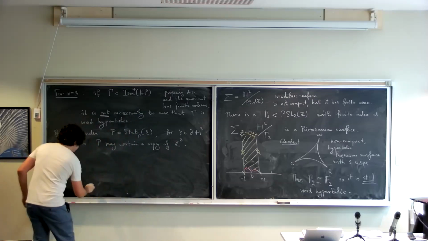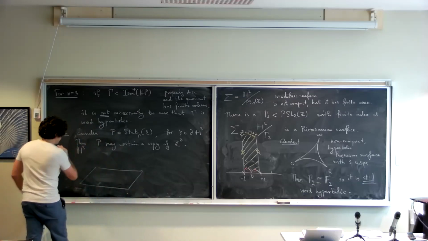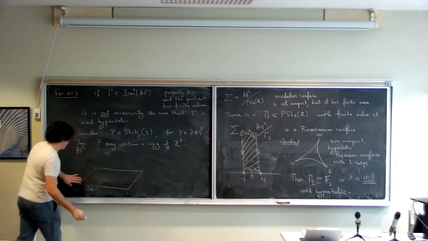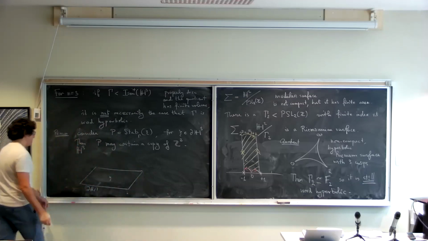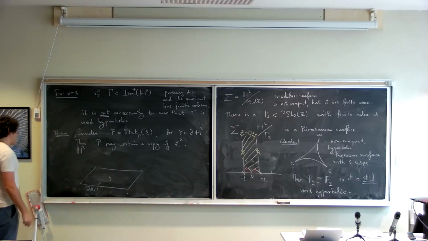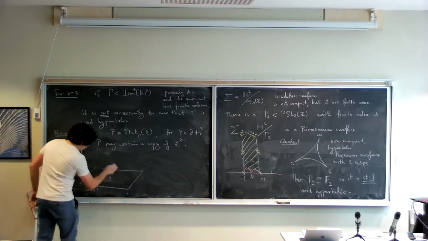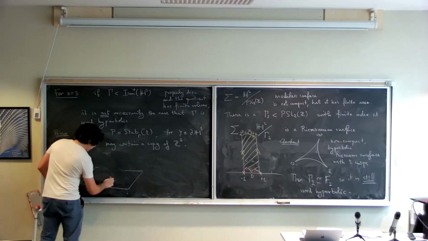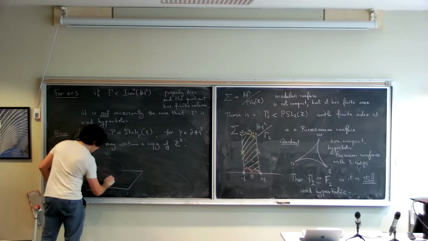So the idea is the following. This is a picture of H3, the upper half space, and this is the boundary of H3. We put it like in the plane. You can pick a point psi in the boundary, and it turns out that the set of elements that fixes psi fixes a parabola like that.